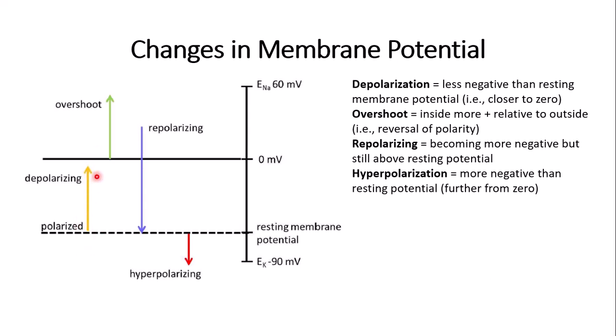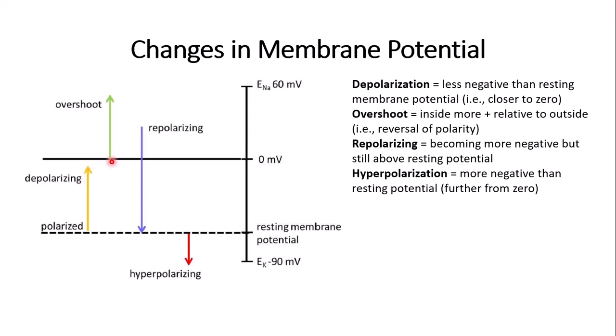We say the cell is depolarizing because it was polarized, and now it starts moving towards 0 millivolts. The cell is becoming less polar. Opening of sodium channels depolarizes cells.